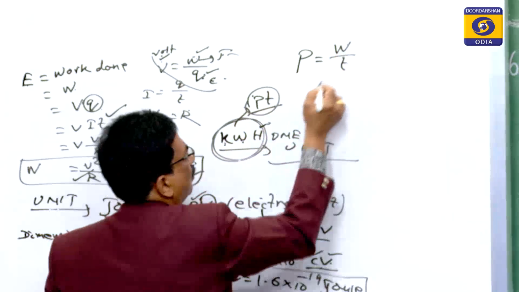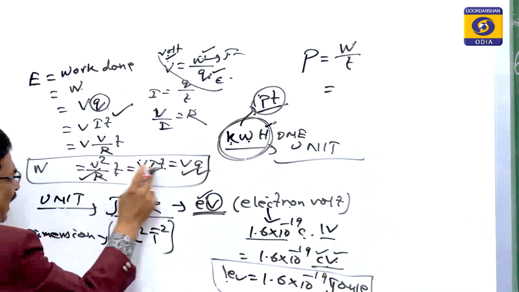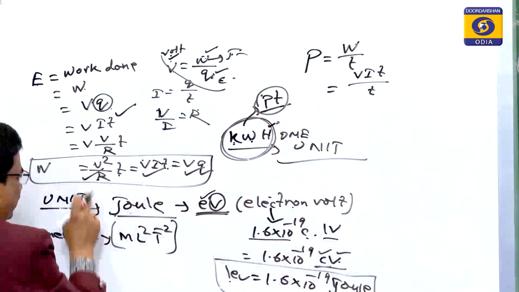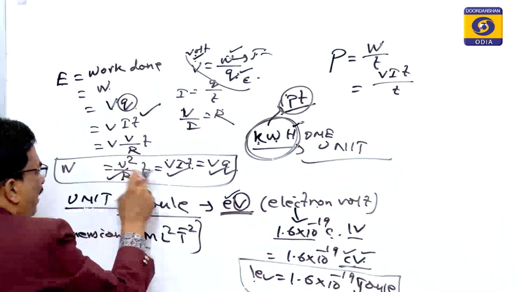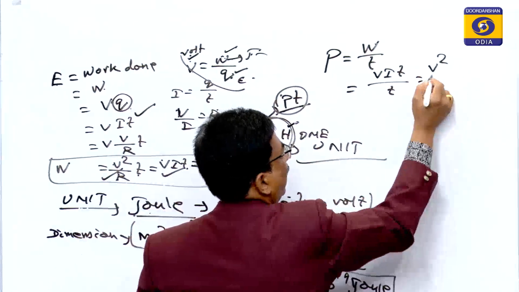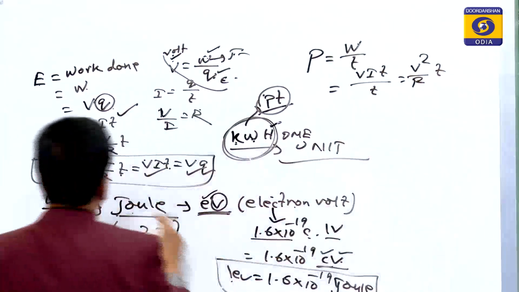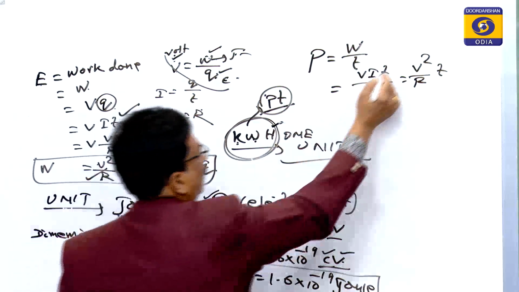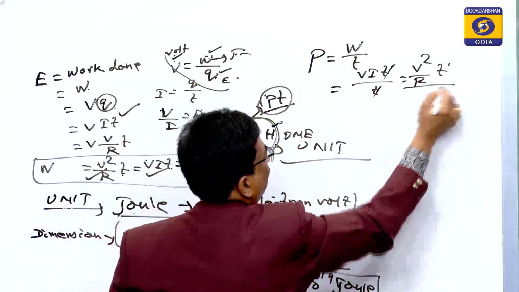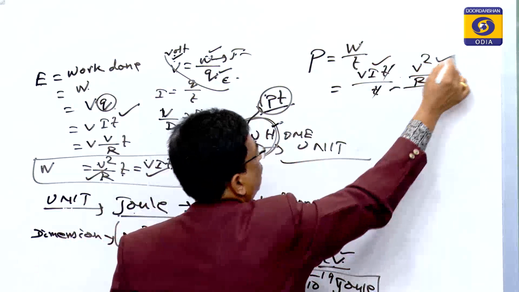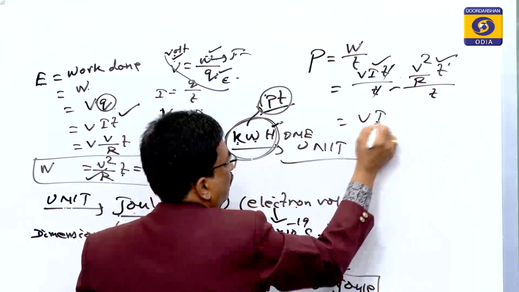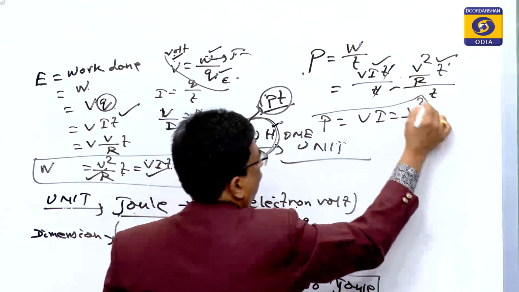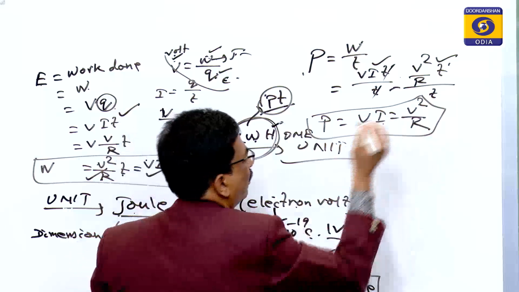W is equal to VIT, so P is equal to VIT by T, or V squared by R into T, divided by T. The T cancels, so P is equal to VI or V squared by R.